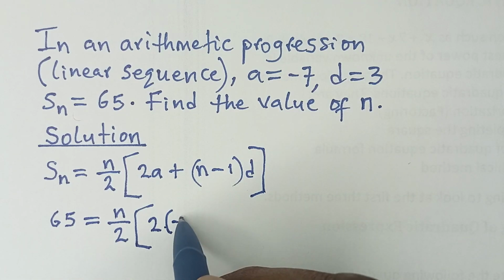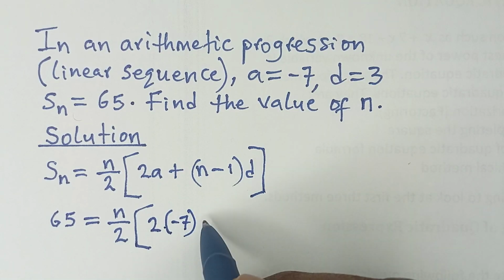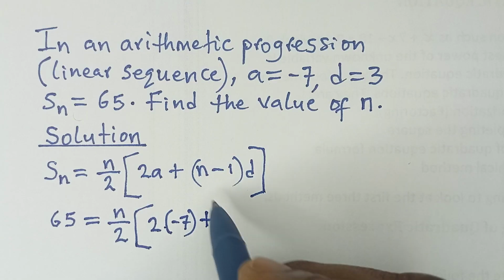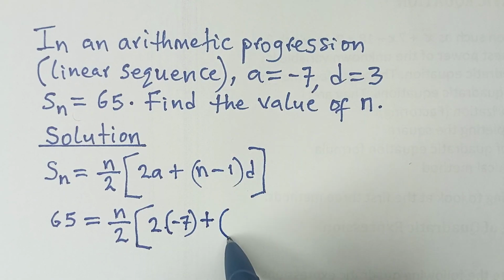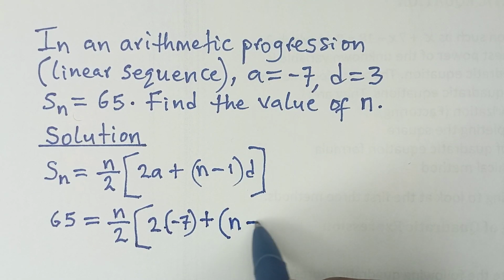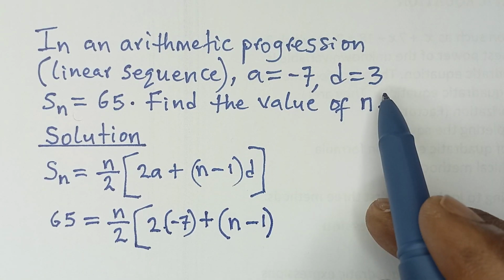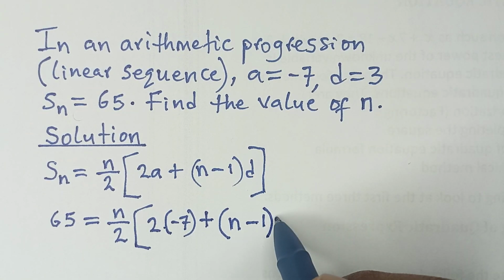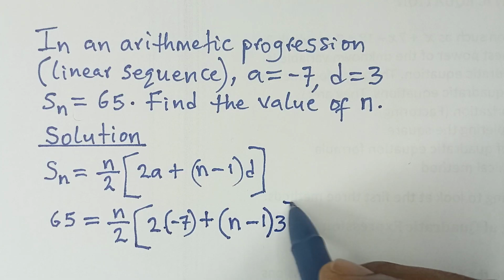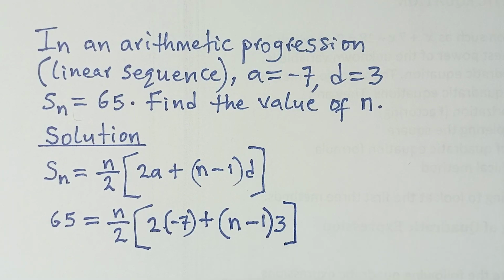A is -7, and then plus n, which is what we are looking for, minus 1, all multiplied by d. The common difference d is 3, and then all bracket close.